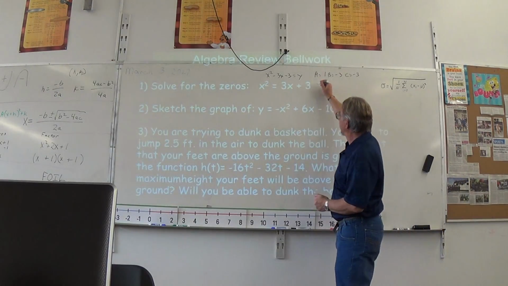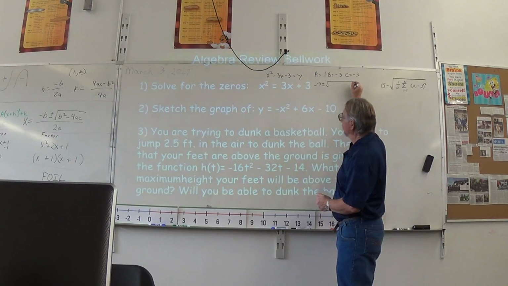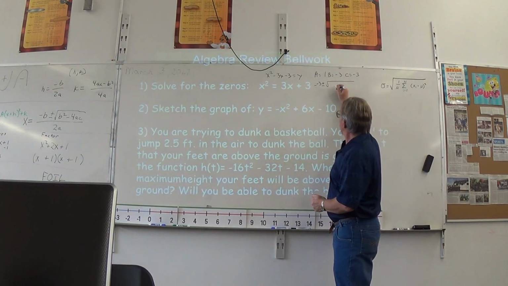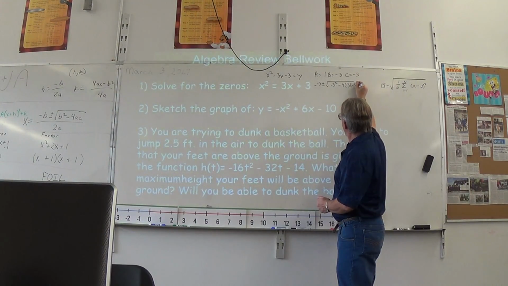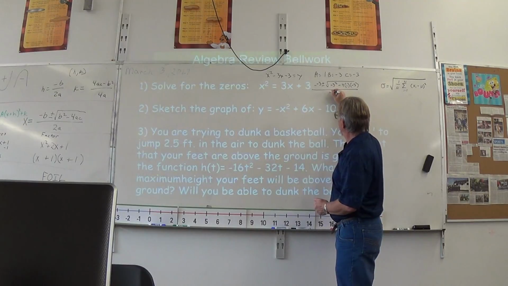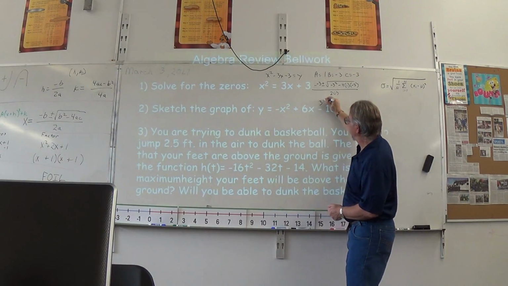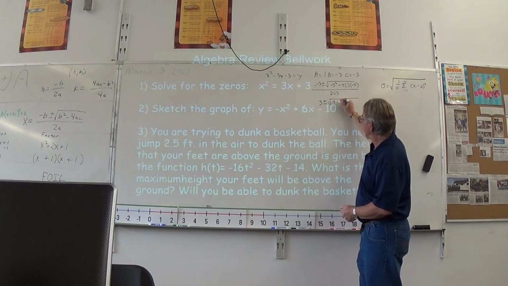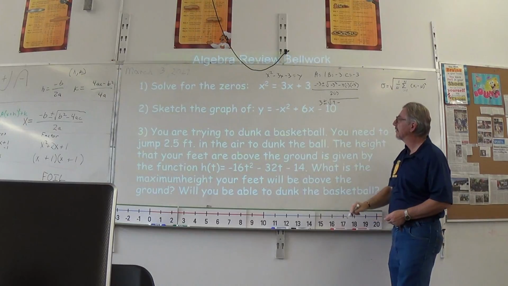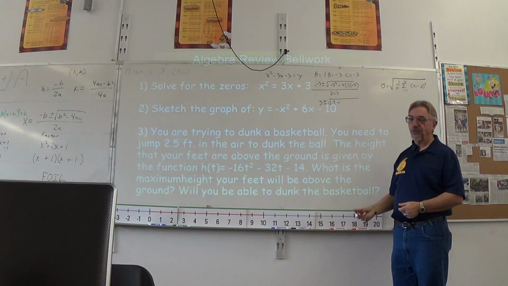That gives us negative 3 plus or minus the square root of negative 3 squared minus 4 times 1 times negative 3, divided by 2 times 1, or 3 plus or minus the square root of 9 minus 4 times 1 times negative 3, which is negative 12.